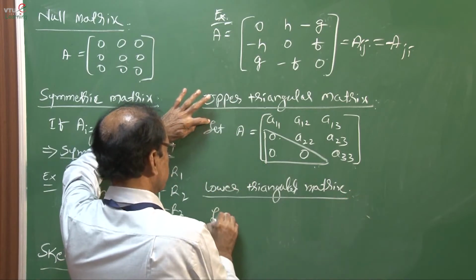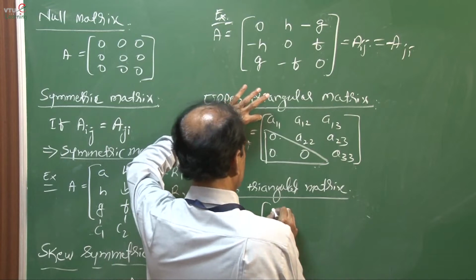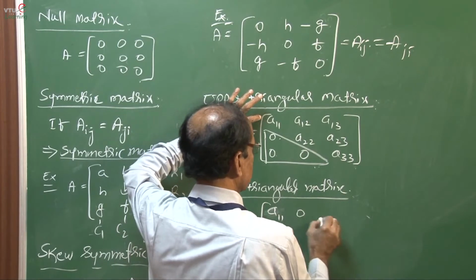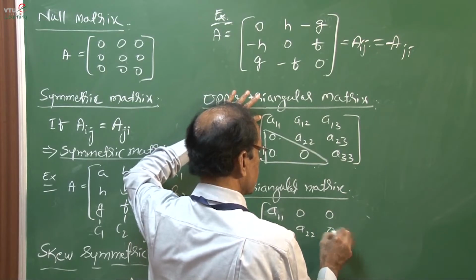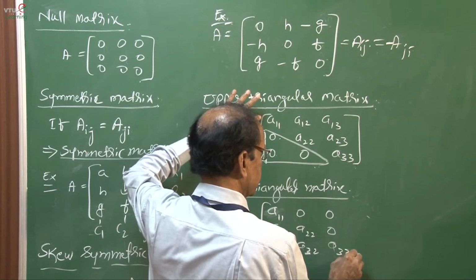Lower triangular matrix means let A is equal to A11, 0, 0, A21, A22, 0, A31, A32 and A33.